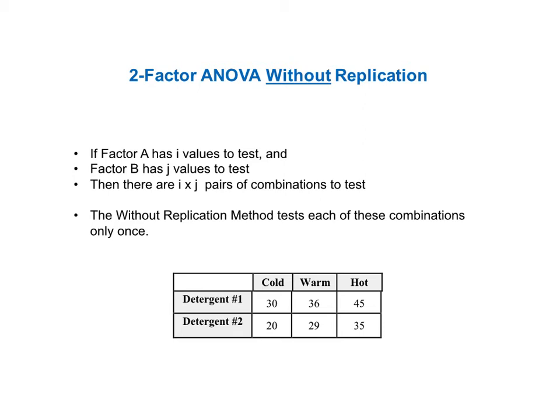If that's the case, then there are I times J pairs of combinations to test. In our example, there are 2 detergents for factor A and 3 water temperatures for factor B. So there are 2 times 3, that's 6 combinations to test. As shown in the table, each of these 6 tests gives us a numerical value for the outcome variable y, which is a measure of cleanliness.